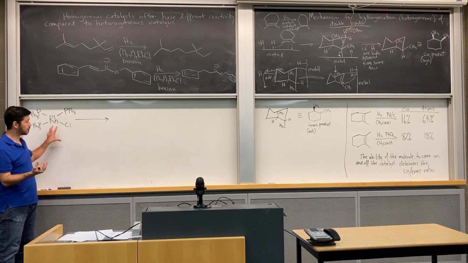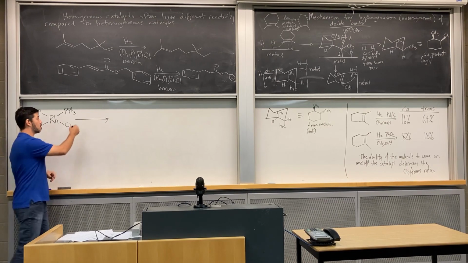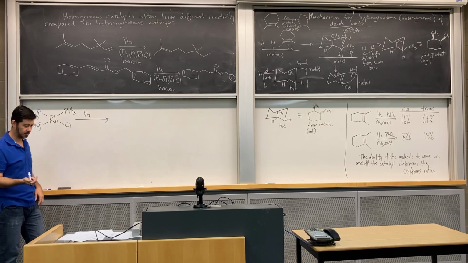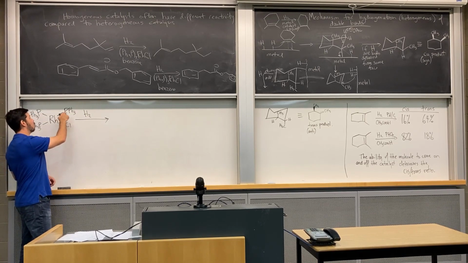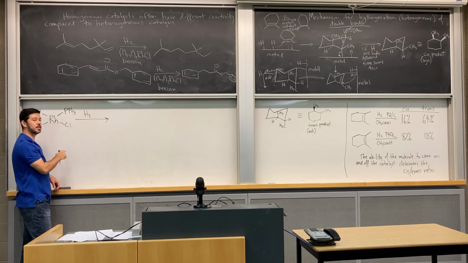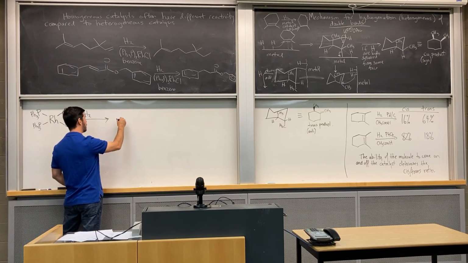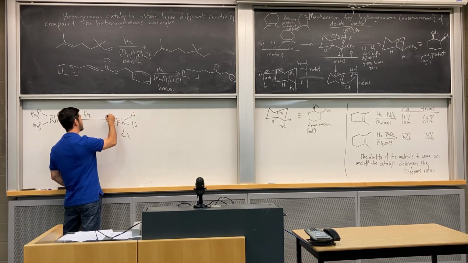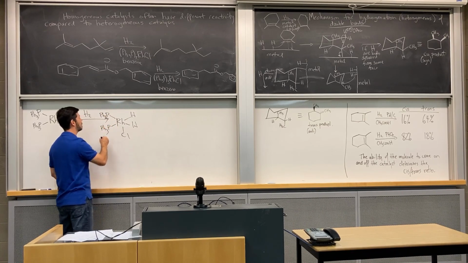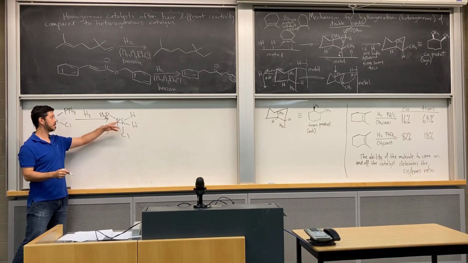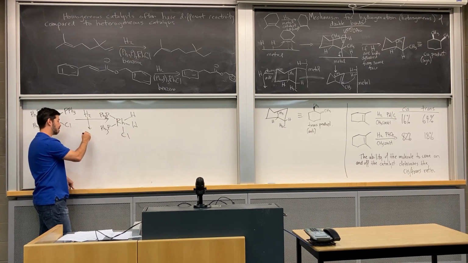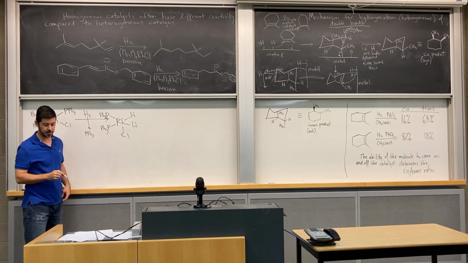Now, rhodium can only handle so many bonds, so in order for hydrogen to come in, it's going to have to remove a few things. So one of these ligands here, the triphenylphosphine, is going to leave, and you are now going to have a complex with 5 ligands. Two are triphenylphosphine, 2 are hydrogens, 1's chlorine. So this comes in and kicks off a triphenylphosphine.